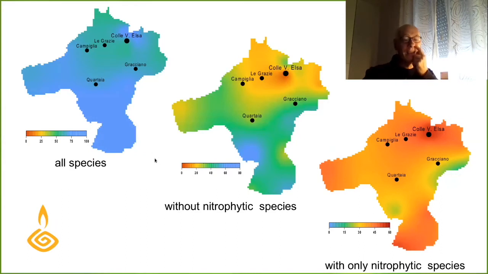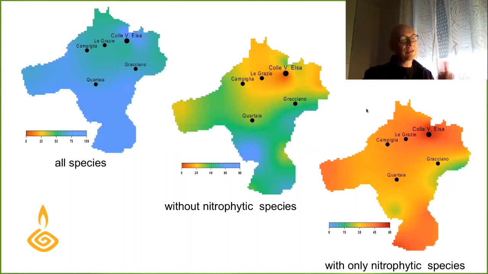Of course, this is the case in Italy and in general in Europe, in countries where sulfur dioxide pollution has now decreased to a very, very low level and we have a high concentration of nitrogen in the air. I don't know the situation in India, but probably if this is not the case now, it will be in the future.